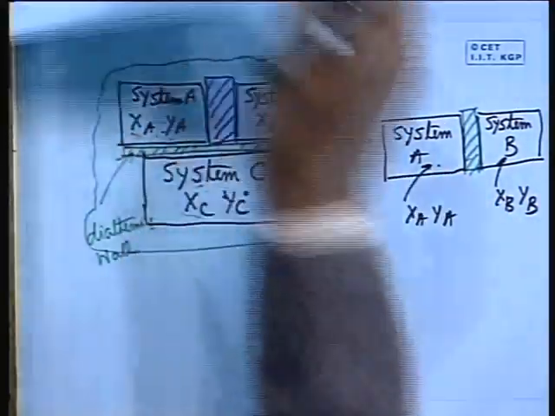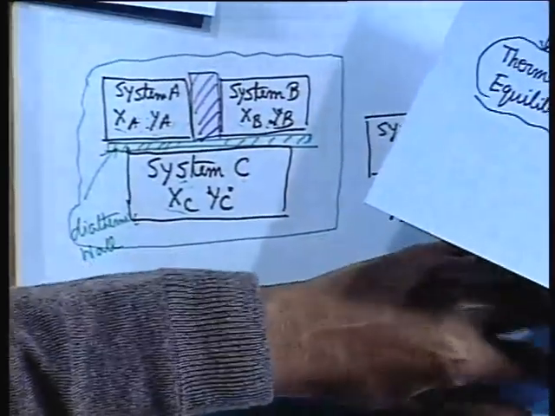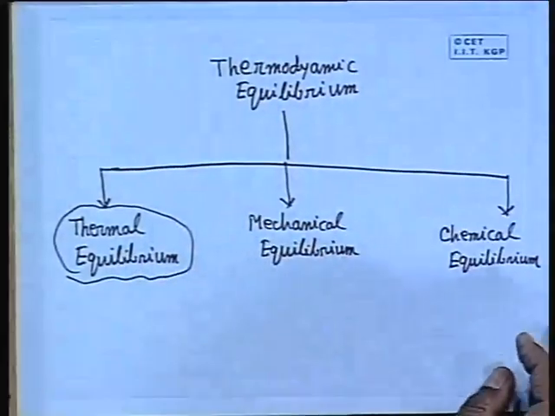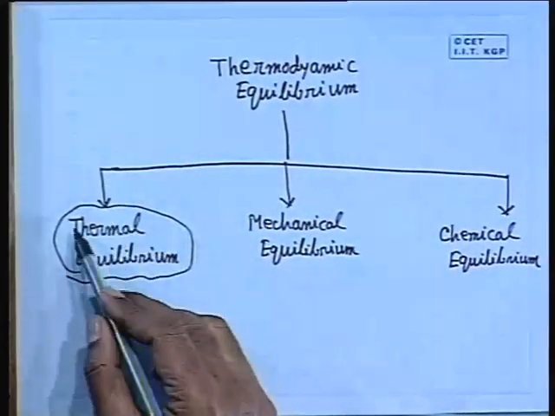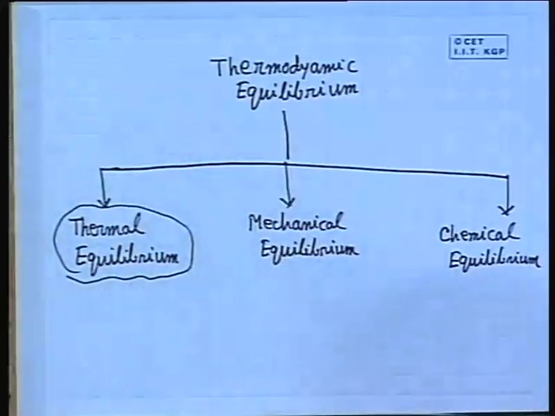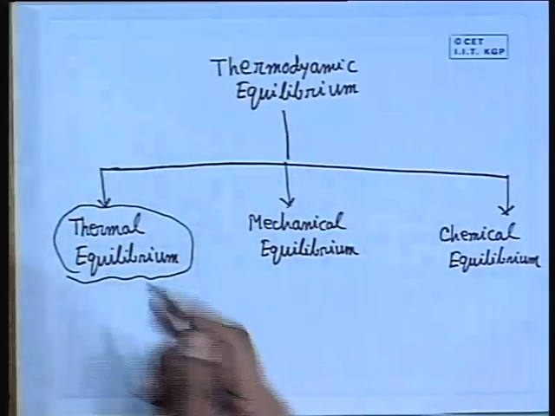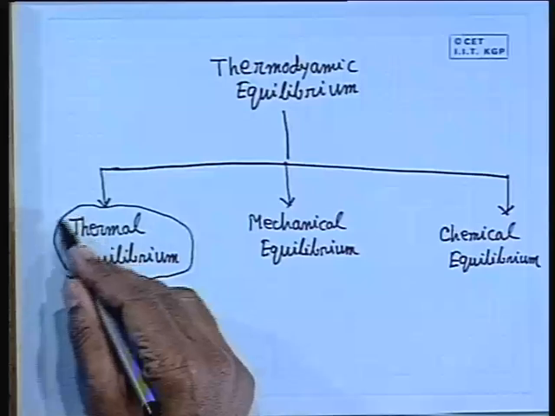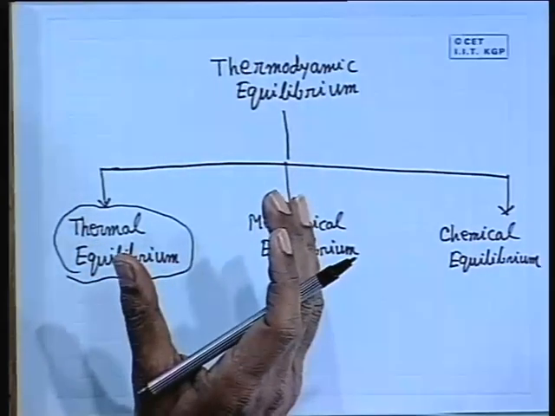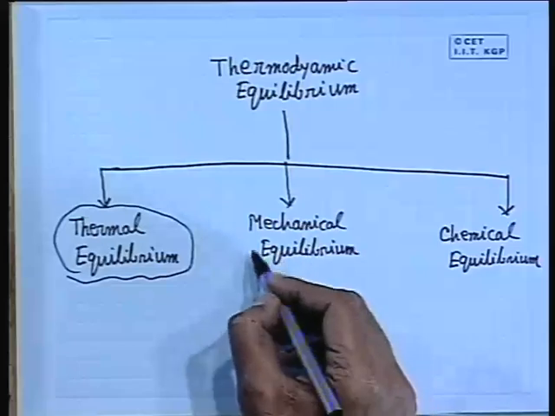Now we come back to this thing: for a system to be in thermodynamic equilibrium, it has to fulfill three equilibriums: thermal equilibrium, mechanical equilibrium and chemical equilibrium. Thermal equilibrium we have now understood, that is the equilibrium of temperature. That means when the temperature is the same between two bodies, there will be thermal equilibrium. What is mechanical equilibrium?